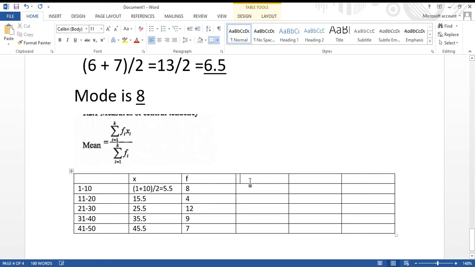In the next column, we're going to multiply the midpoint times the frequency, f times x.